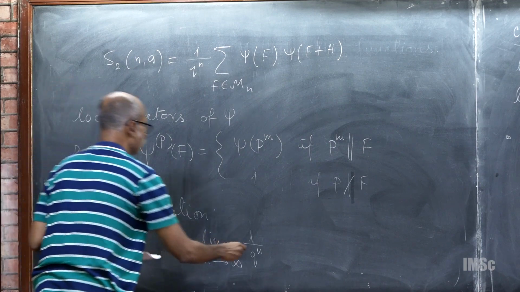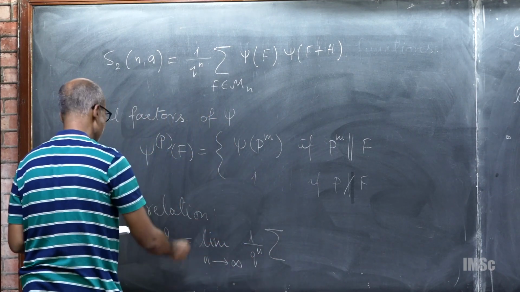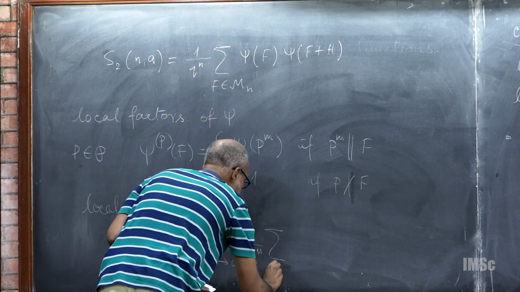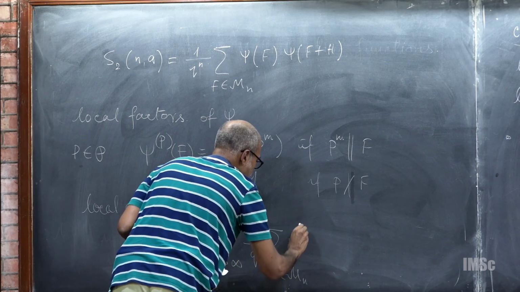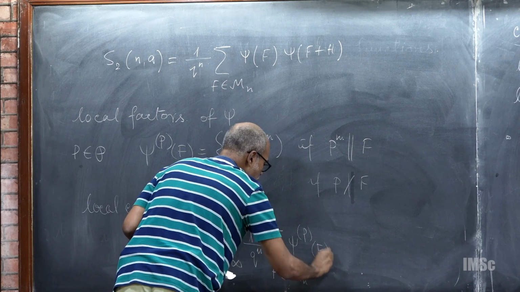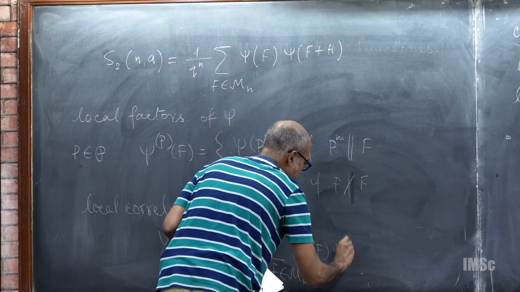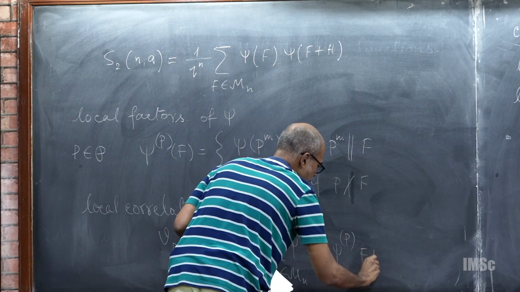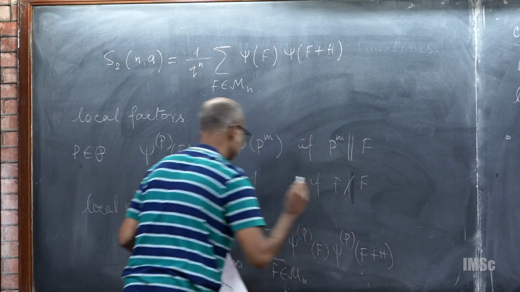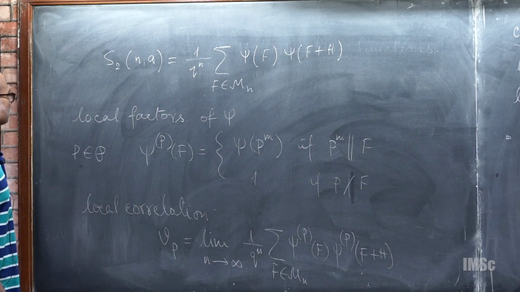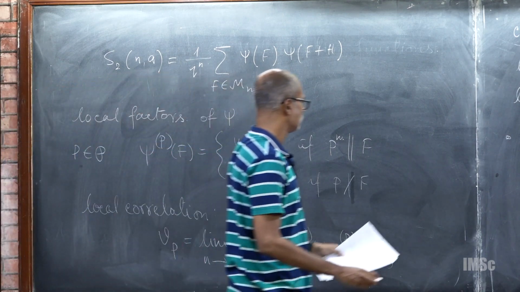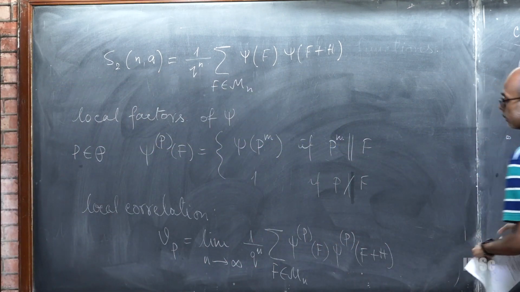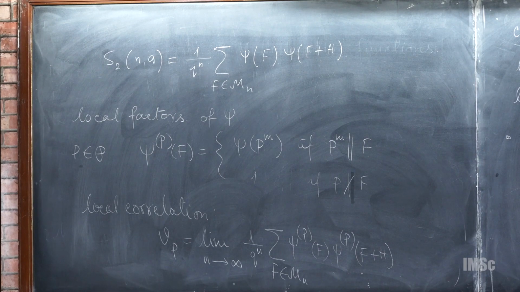So it is exactly the correlation of the local functions, but I have already taken the limit. So, the correlation of the local factors. I will erase this. 5 minutes.